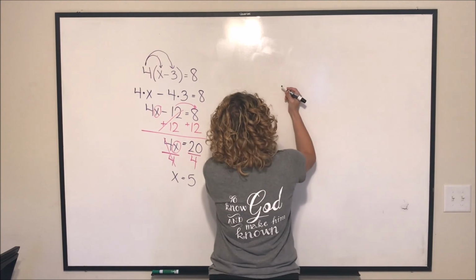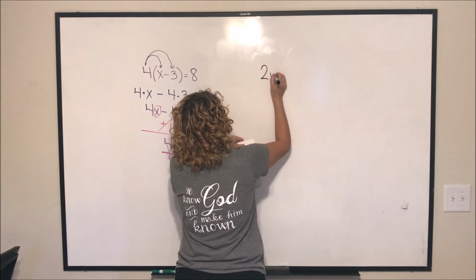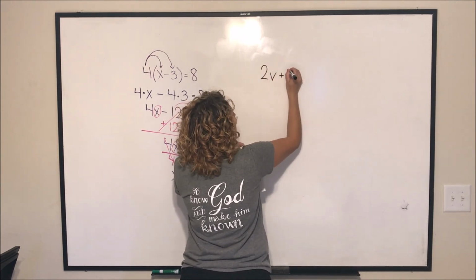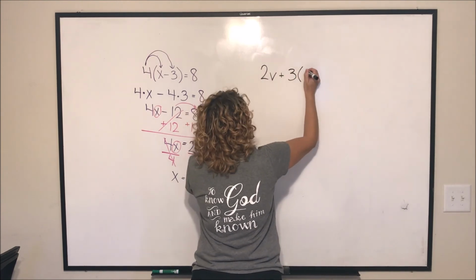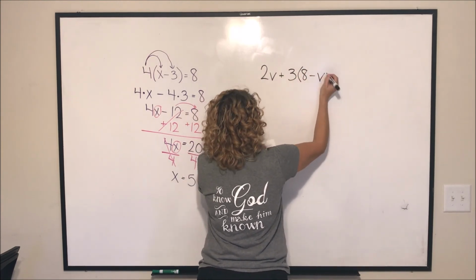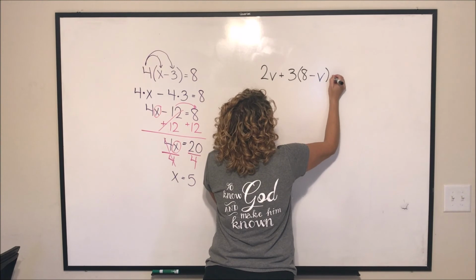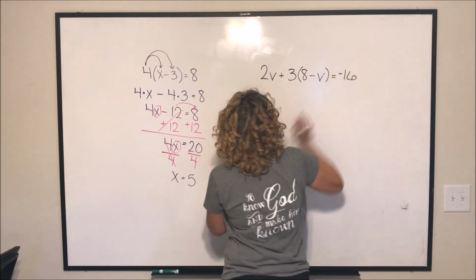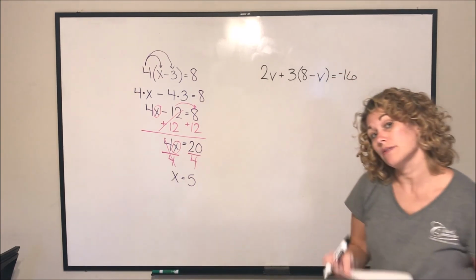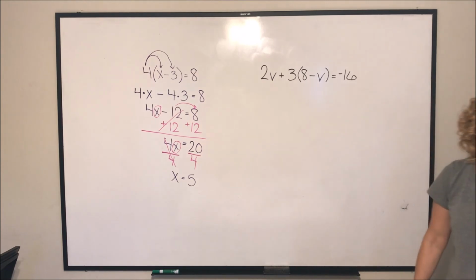Okay, here we go. 2v plus 3 times the quantity 8 minus v equals negative 16. Okay? Push pause and work it out on your own.